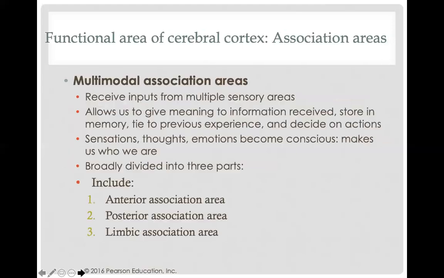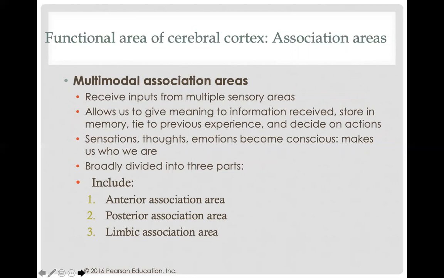Now, in reality, the association area, which is also known as the multimodal association areas, has 3 separate sections. What we identify as anterior association area, what we identify as posterior association area, and the last one is the limbic association area.